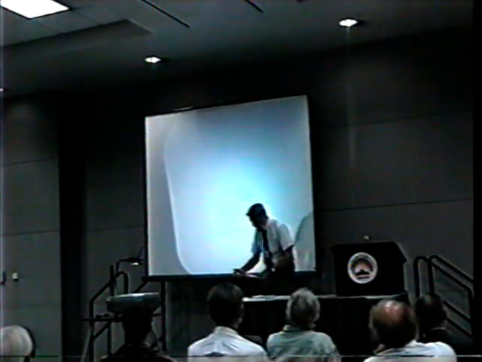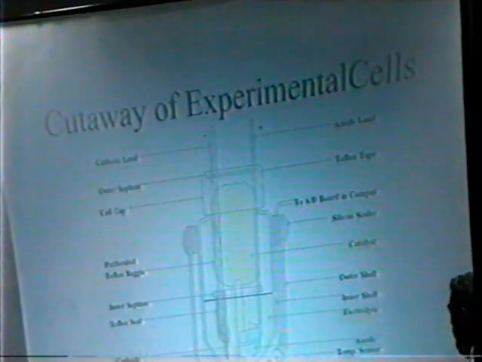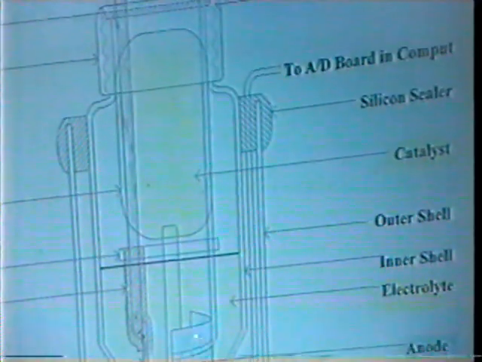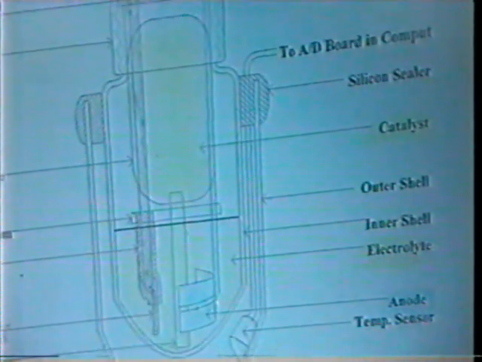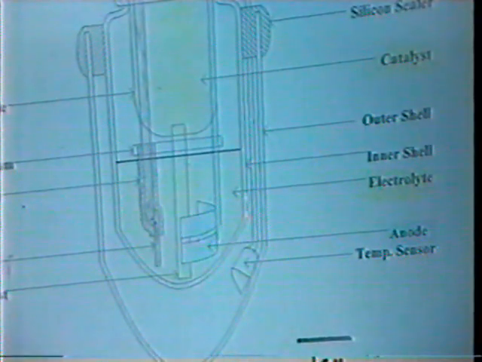What does the cell look like? Okay, so we have the cathode, which is sealed off with heat shrinkable Teflon. The anode, made of platinum in all cases, some electrolyte. This is a double-walled cell.